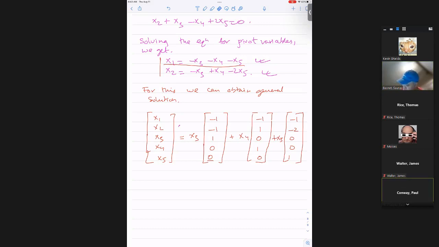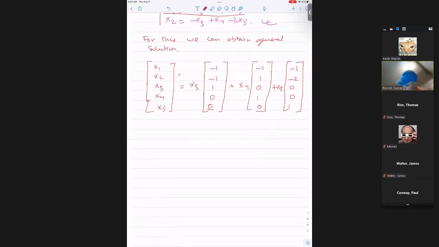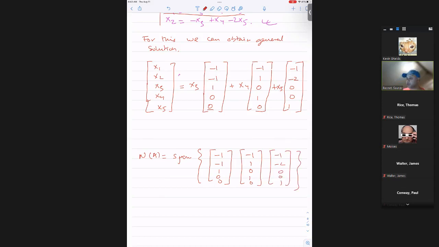So your null space is the span of these vectors: -1, -1, 1, 0, 0; -1, 1, 0, 1, 0; and -1, -2, 0, 0, 1. This is the span, which is the null space. Okay, sounds good.